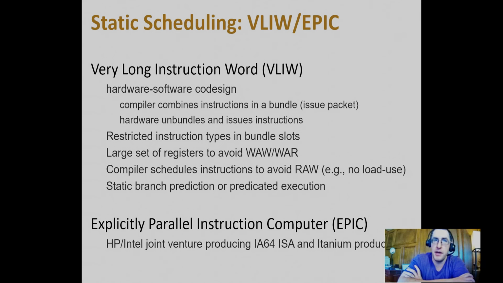EPIC, explicitly parallel instruction computer, created the Intel Itanium line, which you may or may not have heard of. It wasn't commercially successful. It uses the Intel IA64 instruction set, which is different than the x86-64 instruction set. We'll talk a little bit about EPIC later after we get through the basic idea of VLIW.